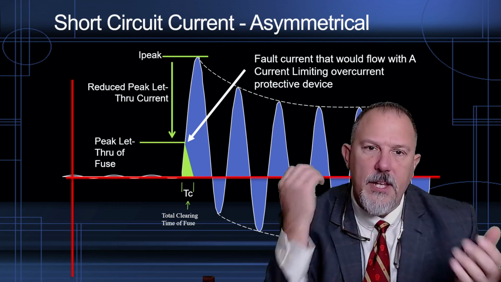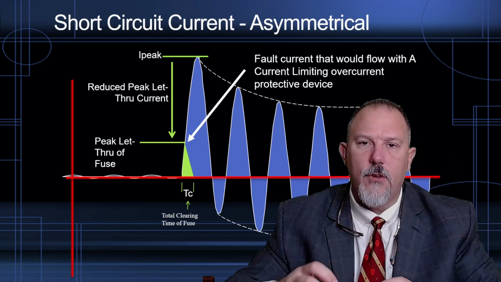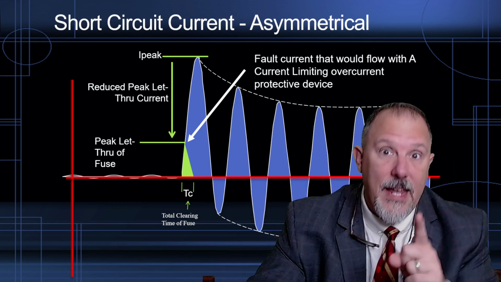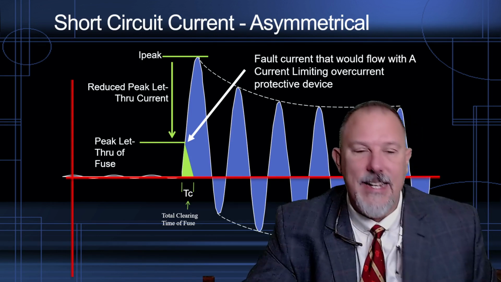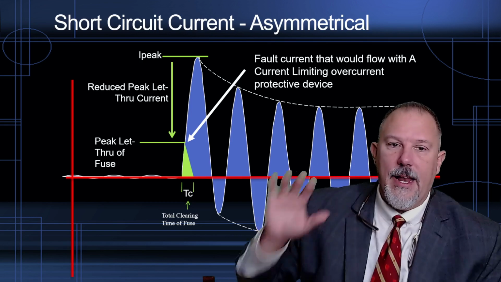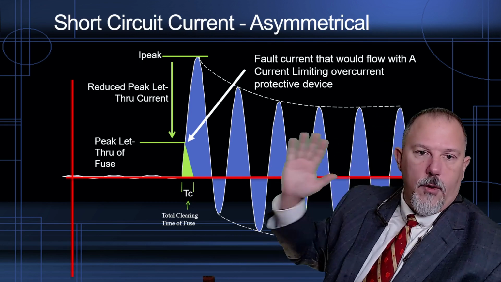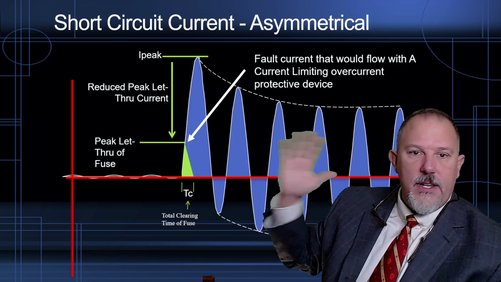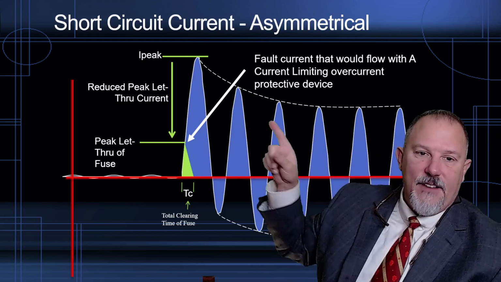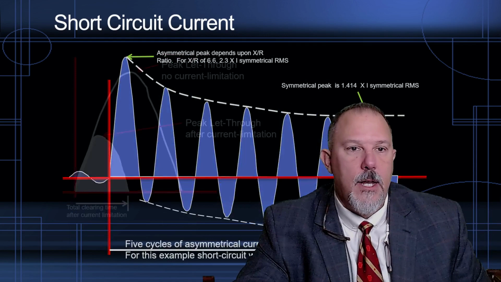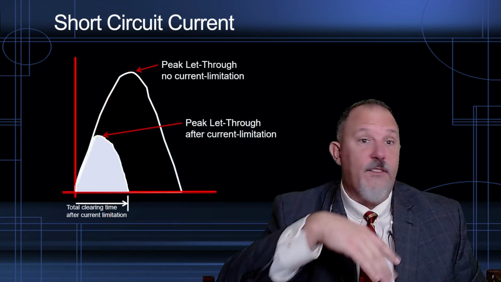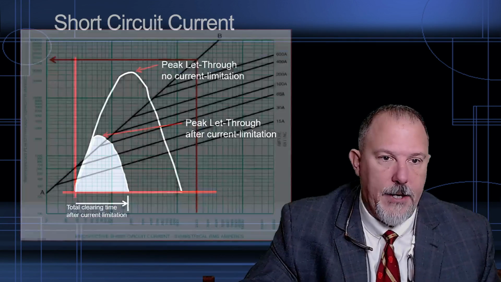I'm going to hit those pinch points and isolate that fault very fast, within a quarter of a cycle. And I'm only going to let through what's highlighted in green. I'm not going to let any of this other waveform pass. All of this is heat, and that first half cycle is magnetic forces. All right, so that first half cycle, this is what I'm doing.